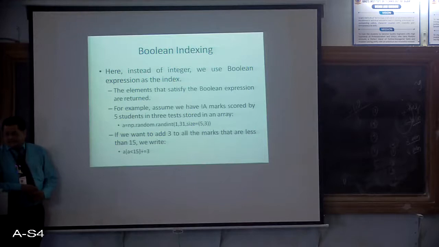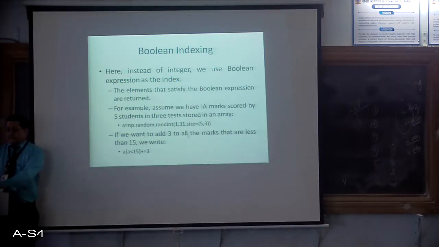For example, assume that we have IA marks scored by 5 students in 3 tests stored in an array. In order to simulate that, there are 5 students and 3 tests, so I need to generate 30 values.